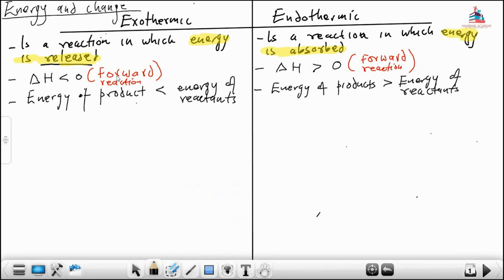We are not being told that energy is absorbed, and we are not being told that delta H is greater than 0. But we are told that the energy of the products is greater than the energy of the reactants. Automatically, I should be in a position to associate this with an endothermic reaction.